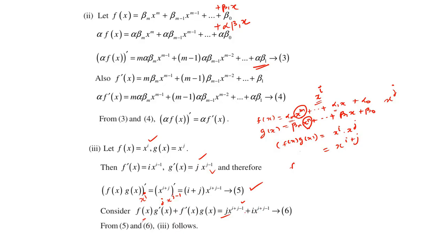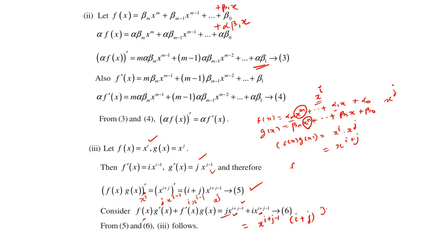And here you have again for f dashed, you have i x power i minus 1, and g of x is as such x power j. So when we add the integers, we have i plus j minus 1, i. And in both these, this one is common. So taking that out, x power i plus j minus 1, we are left with i plus j.